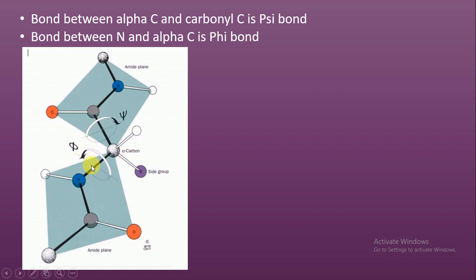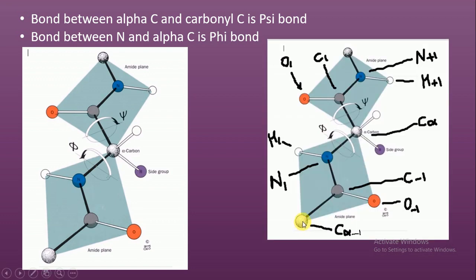Now let's talk in some more detail about this structure. Let's name these atoms with some labels. Let's say this alpha carbon as alpha carbon -1. How is this naming done in this structure? For this, let's understand.